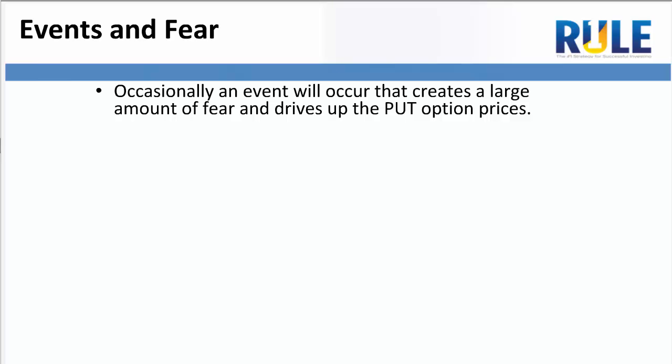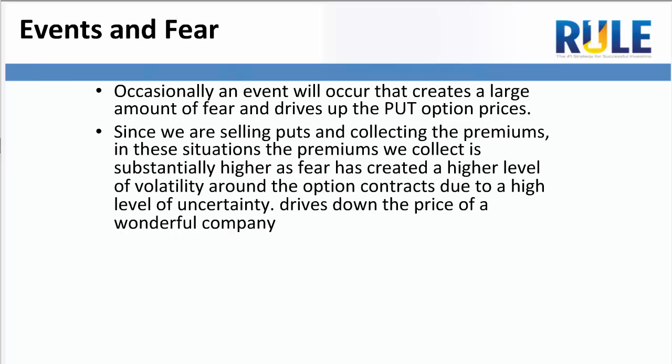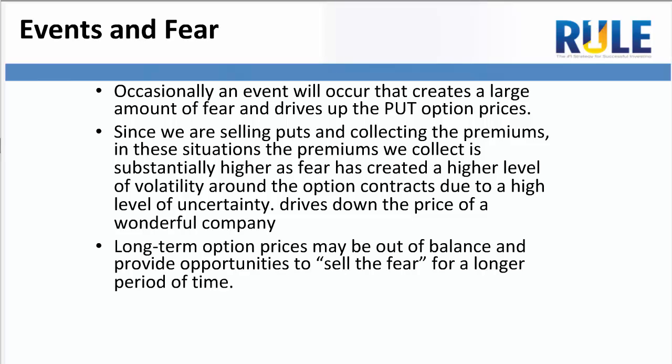Again, we're just using the human emotion, where events create fear, and fear drives a stock price. Often the event drives the earnings down as well, just like on Whole Foods. That makes people fearful. They start dumping the stock, down it goes, and now you get at some point a chance, because usually the fear drives the stock price well below what it's really worth.